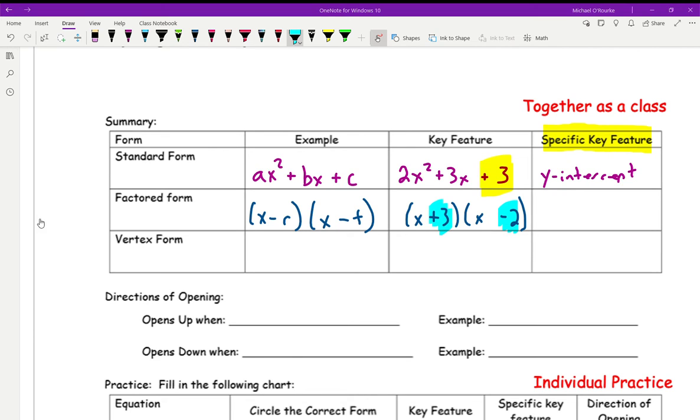This is a negative 3, so when it comes out, it's going to be positive 3. But what's the number attached to this x? It's not there, so it's going to be 0. So realistically, this gives us our x-intercept.